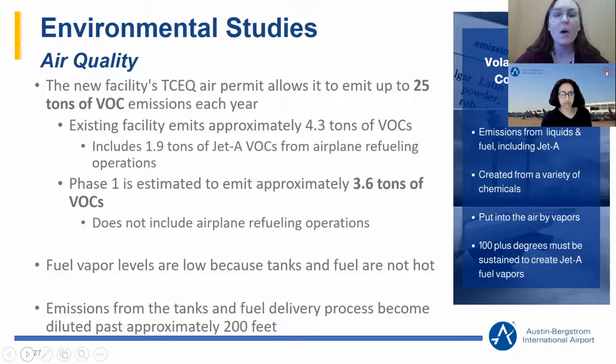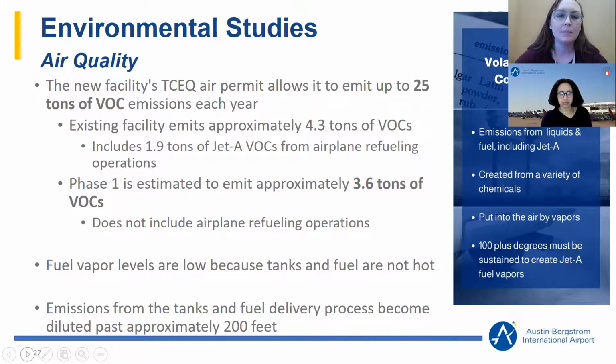As you saw in the video, those operations will stay at the current facility and will not be relocated to the new facility. One reason why these tanks have such a low emission level is because the fuel vapor levels are low, because the tanks and the fuel are not hot. They've been designed to really deflect heat. And the emissions that are emitted into the air typically dilute past about 200 feet.